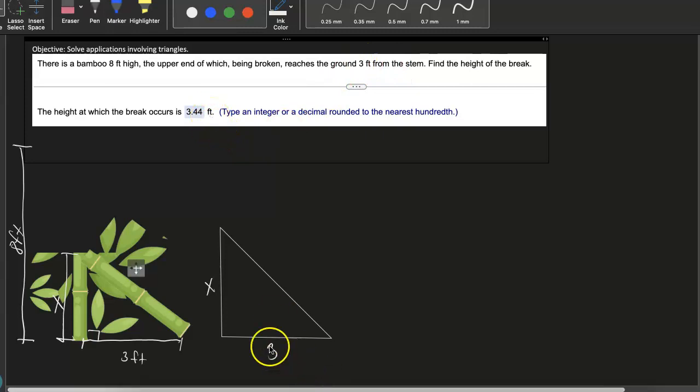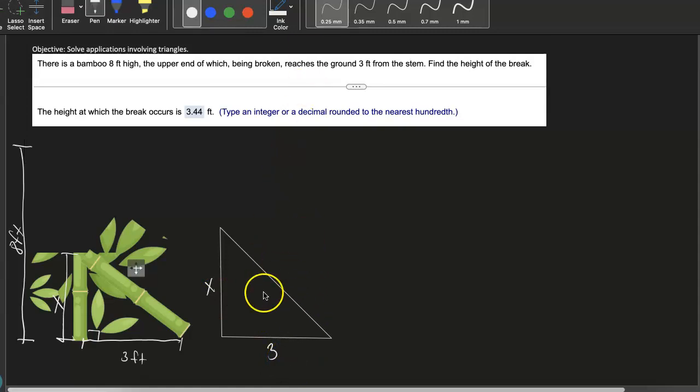Also, because I'm given my measurements in feet, my answer will also be in feet. I'm not writing those units here on the actual diagram, so I don't have to make any kind of unit conversions as well. So I do have that at least the base here of this triangle, one of its legs is 3. The height, the other leg is X. Again, we're assuming that right triangle. And now what to do with the 8?